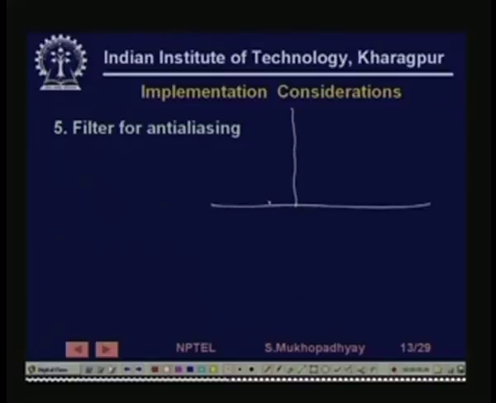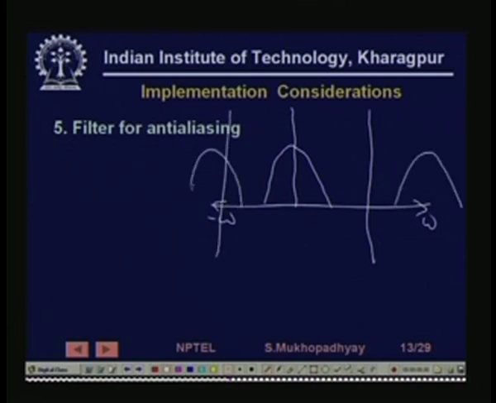If you take a low-pass signal, its spectrum, this is omega, minus omega, the complex spectrum we are talking about, is like this. If you sample it at this rate, then the spectrum of the sampled signal gets repeated indefinitely.